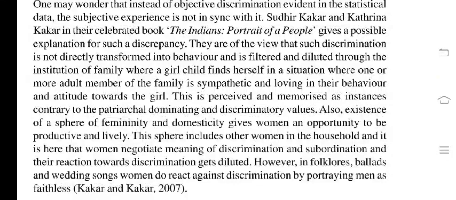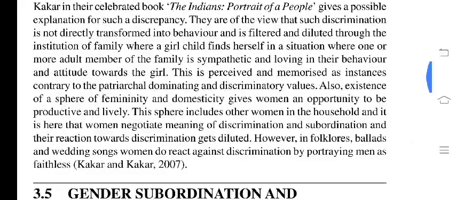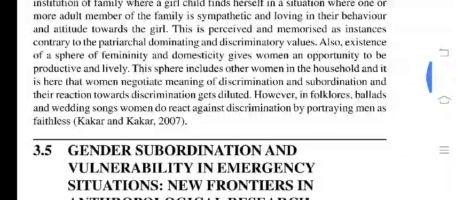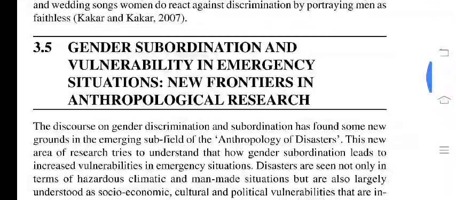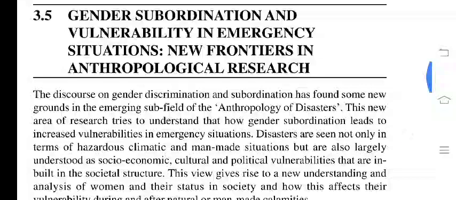However, in folklores, ballads and wedding songs, women do react against discrimination by portraying men as faithless. Kakar and Kakar, 2007. Gender subordination and vulnerability in emergency situations: new frontiers in anthropological research.